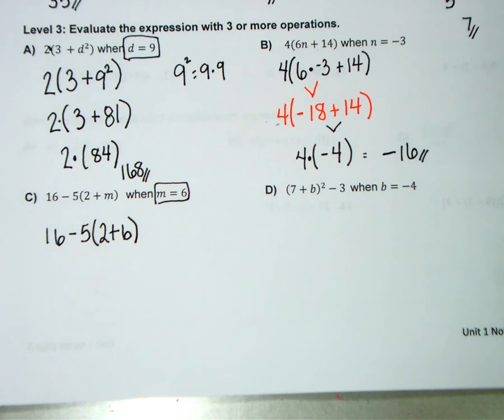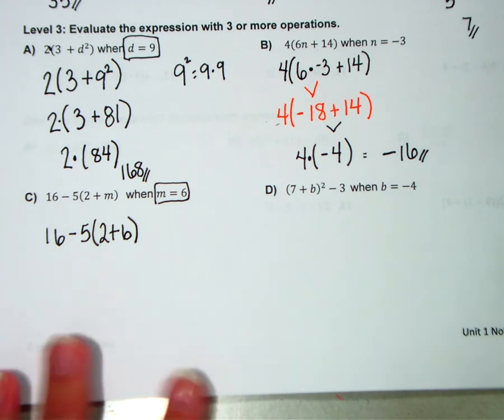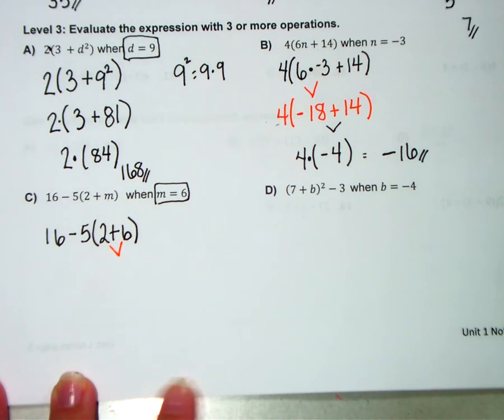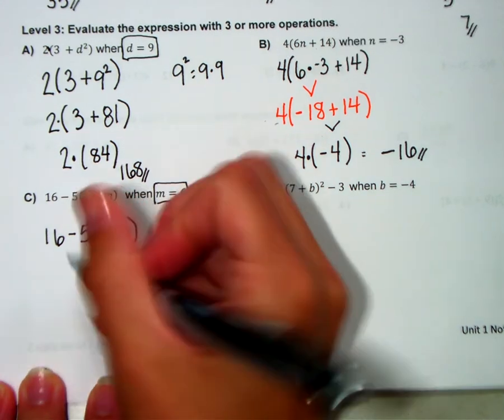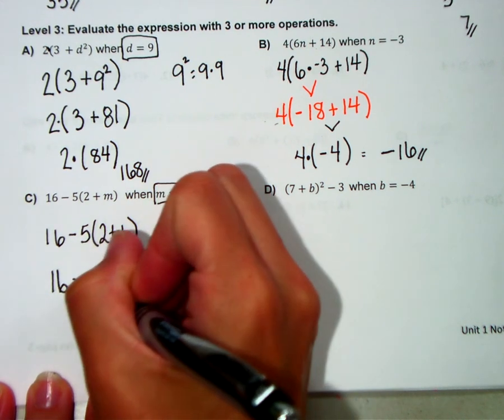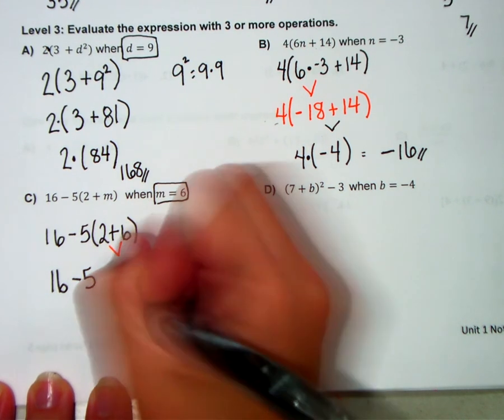Okay, parentheses come first, so now you move down and go ahead and put together whatever is in the parentheses. So 2 plus 6 is 8. Okay, so I'm going to write this down. 16 minus 5, and then the parenthesis.